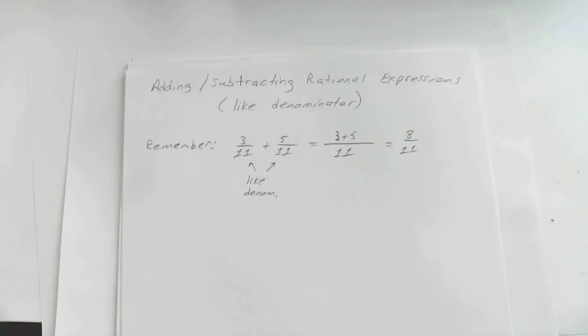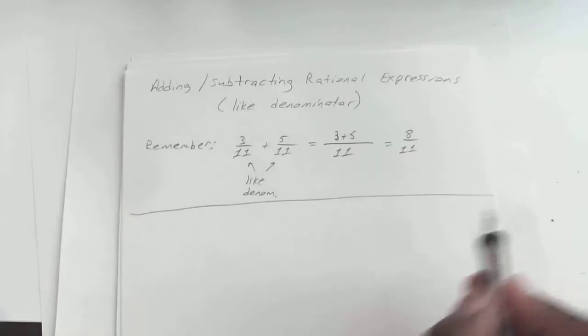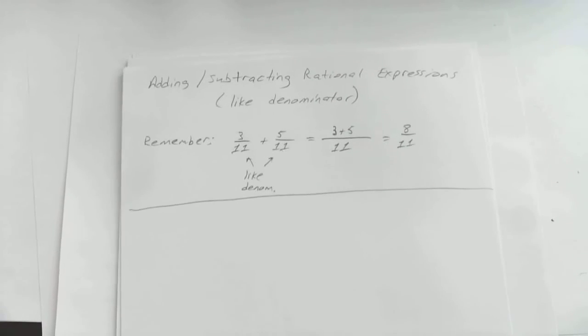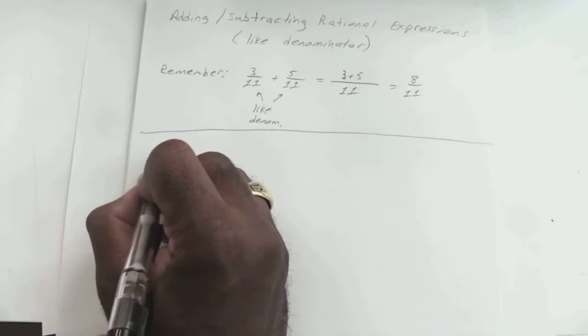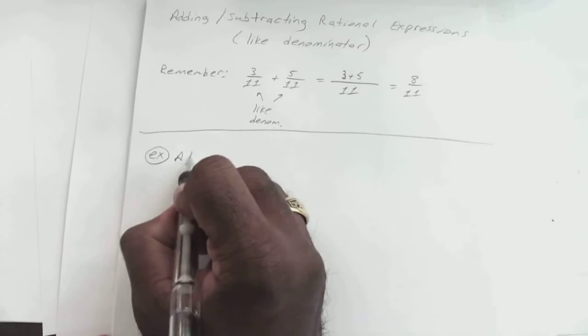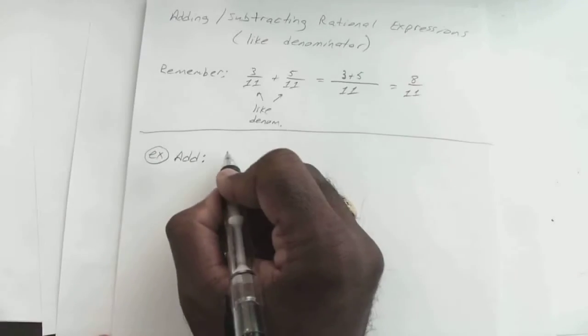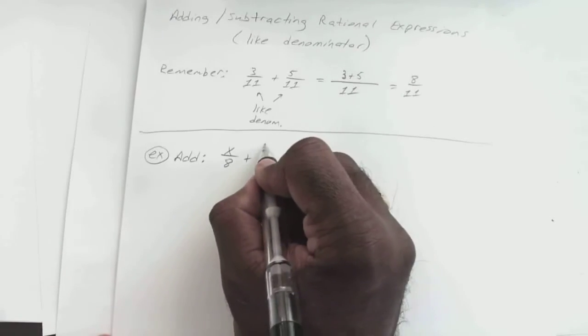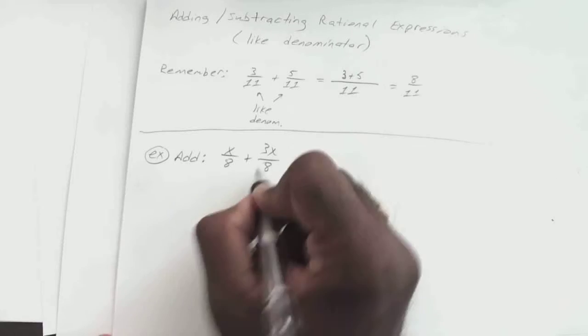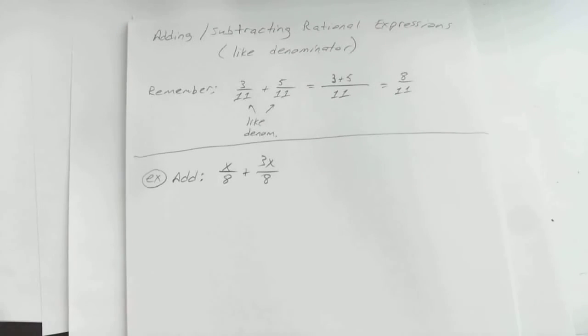If we had two rational expressions, we do the exact same thing. Nothing changed. So let's say, for example, we wanted to add x over 8 plus 3x over 8.